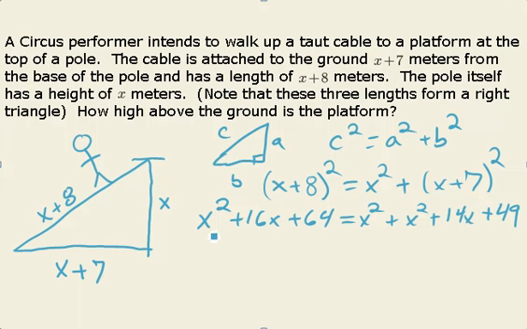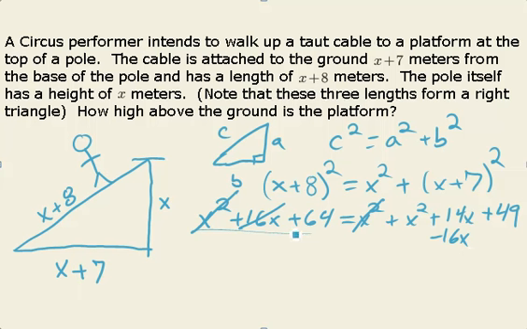So let's get all of this stuff over to the other side, and then I'll have it equal to 0. Let's subtract x squared from both sides. If I subtract x squared from the left, that goes away. Subtract x squared from the right, that goes away. If I subtract 16x from the left, that goes away, and I get to subtract 16x from the right.